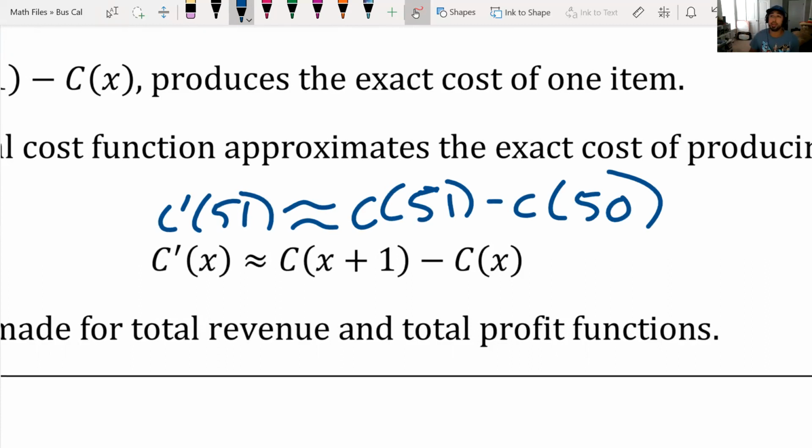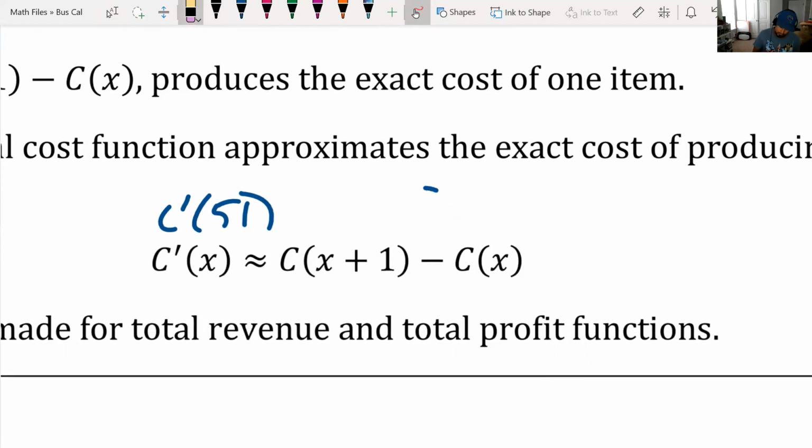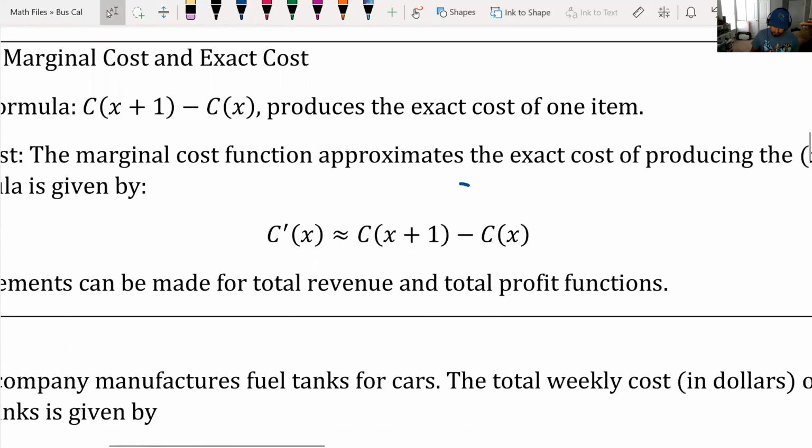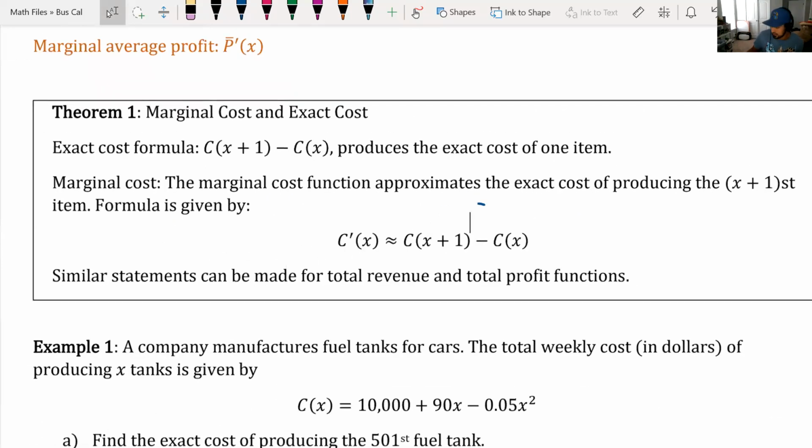We'll be off by some change, or maybe a couple dollars. We'll see when we get to the examples. And this doesn't just have to go for cost. It can go for revenue and profit as well.